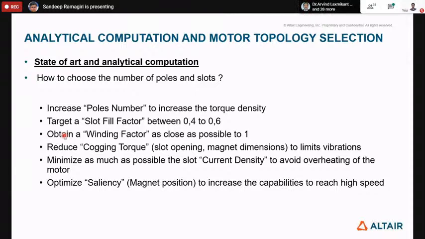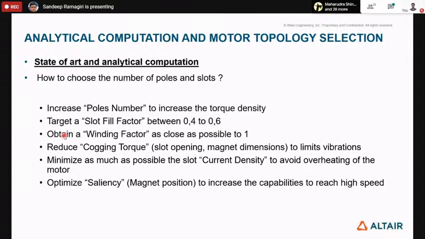And target the slot filling factor between 0.4 and 0.6, because we cannot go beyond that. We can go, but there are some technologies where we are going for higher slot filling factor. But the usual values are 0.4 to 0.6, because we have slot liners, impregnation, and also the insulation.